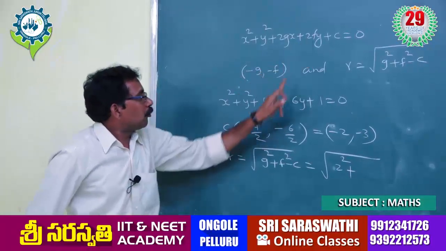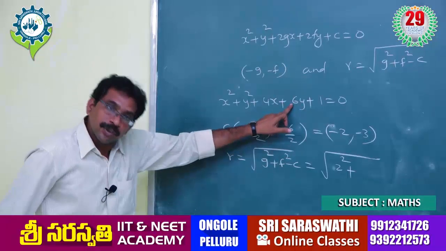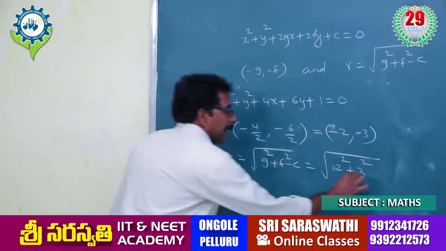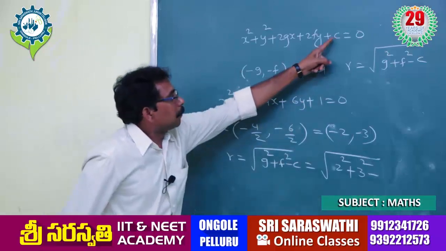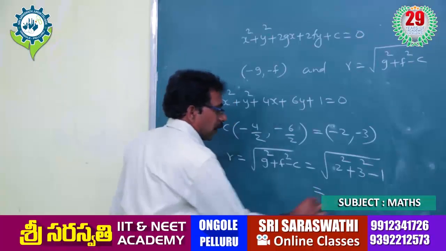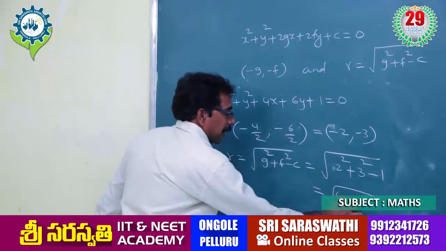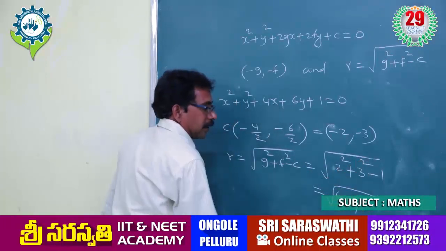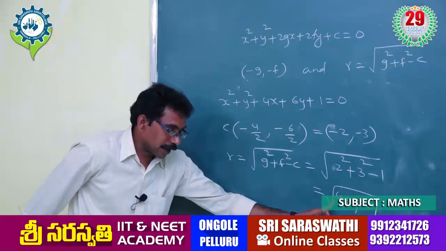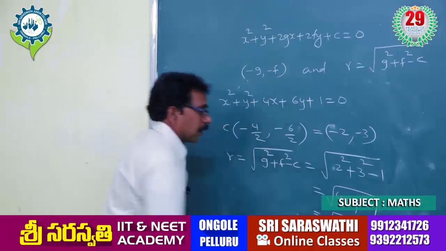Similarly 2f is equal to 6. Therefore f is equal to 3. Hence f square is equal to 3 square minus, in the place of c we have 1. That is equal to square root of 2 square 4 plus 3 square 9 minus 1, that is equal to 9 plus 4 is 13, 13 minus 1 is equal to 12, square root of 12.